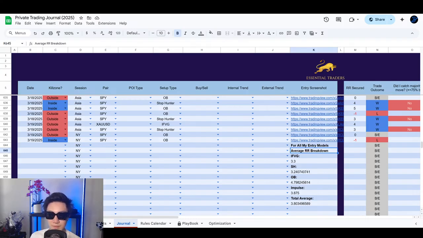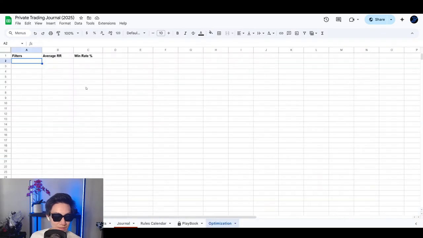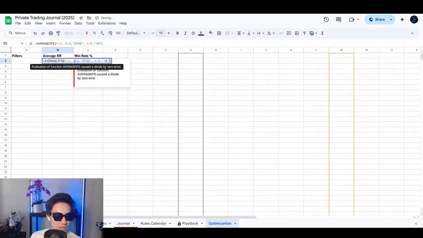So we'll be using these. For example, this is one of the formulas you can just use. I'll copy and paste this here. Since this is for risk reward averages, I'll just cut this and then paste it back to the optimization section. I'll put this here, but obviously we have to change some things, right?